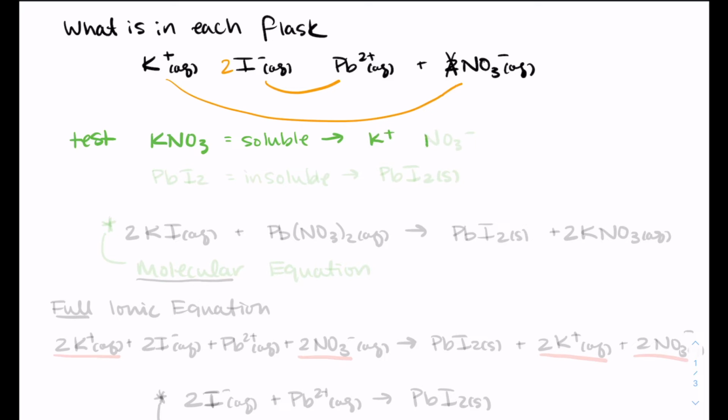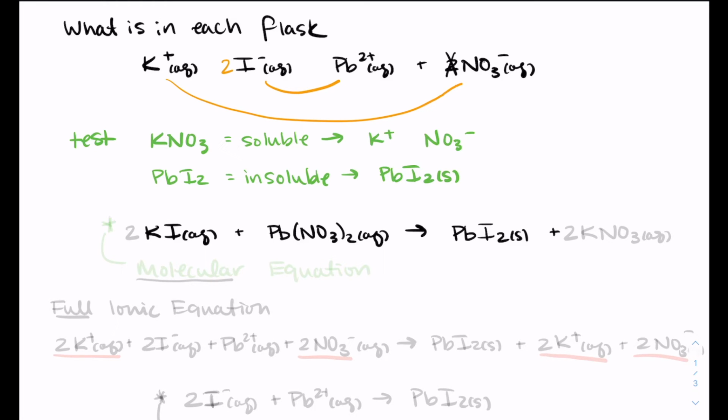Potassium nitrate, KNO3, making sure my charges are balanced. This is soluble, so it's going to split back up into K+ and NO3- in that solution. Lead iodide, which needs 2 I- for the 1 Pb2+, so PbI2. This is insoluble, so it would form a solid. It's going to be a precipitate in this reaction.